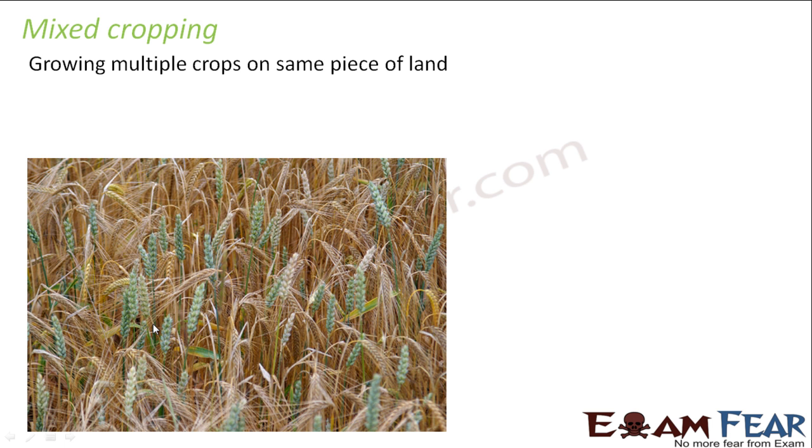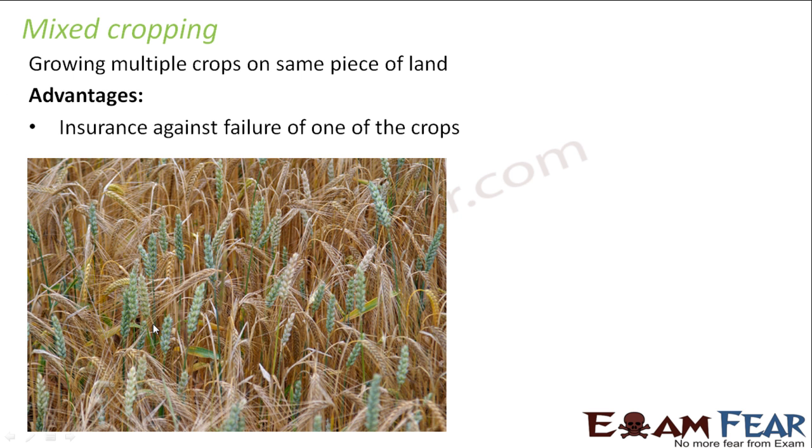Now how do you think mixed cropping will help in crop production management? Its advantage is that it gives insurance against failure of one of the crops. Let us suppose we have planted both barley and wheat, and the wheat plants failed. That means the wheat plants did not get proper nutrients, or got some disease and it is gone.